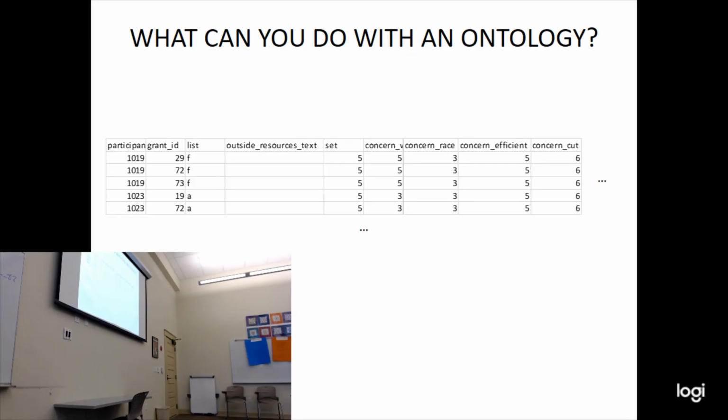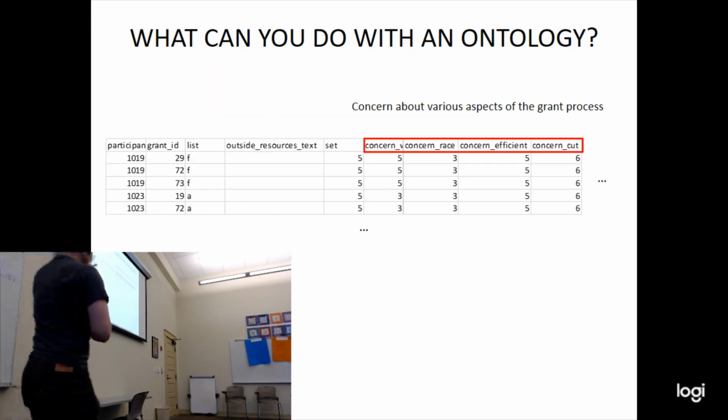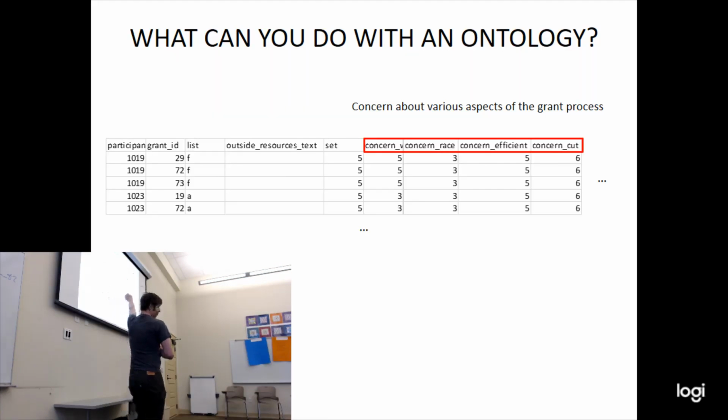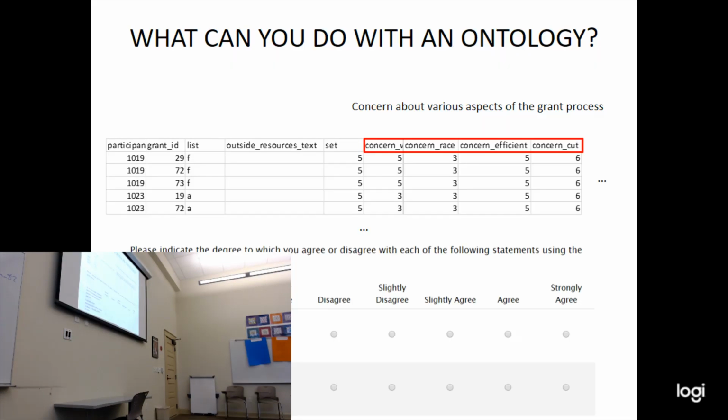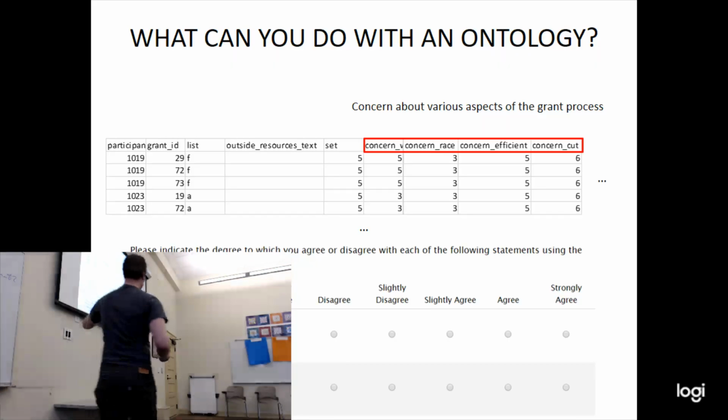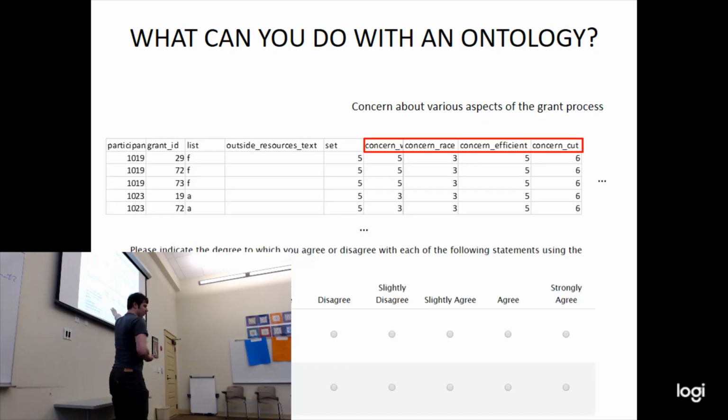One thing that I did do though is, these last few columns are all grouped together under a scale that's called concern. Specifically, this is a snippet from Qualtrics.